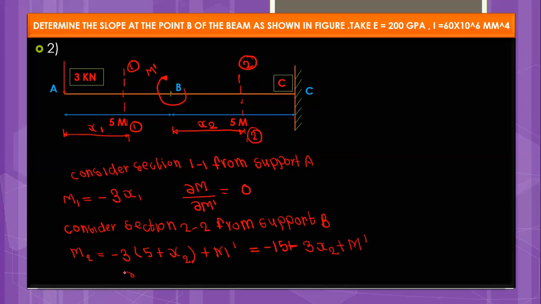What will be the partial derivative with respect to the second moment? It will be 0 for the first terms, since there is no M prime, and it will be 1 for M prime.